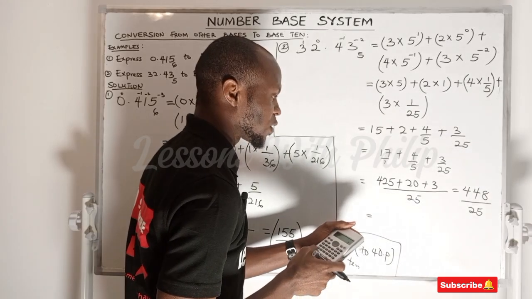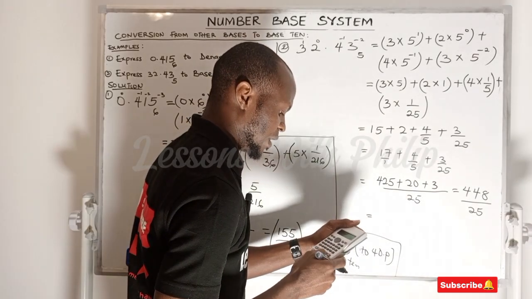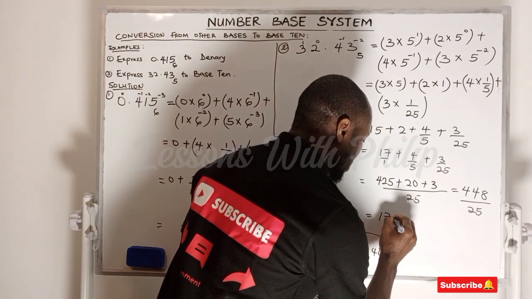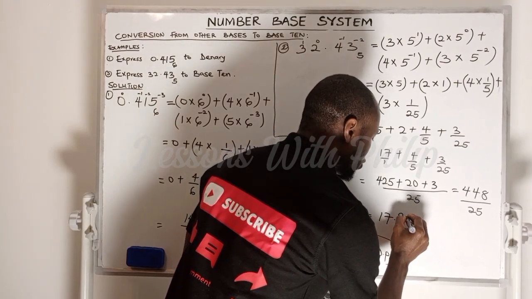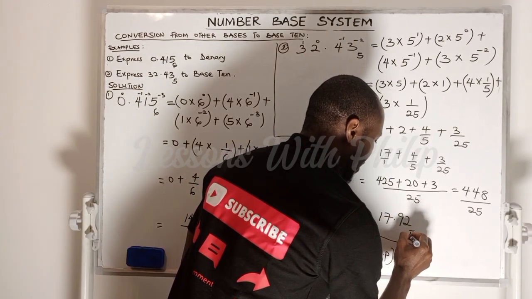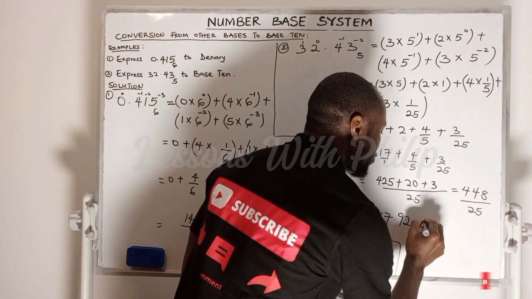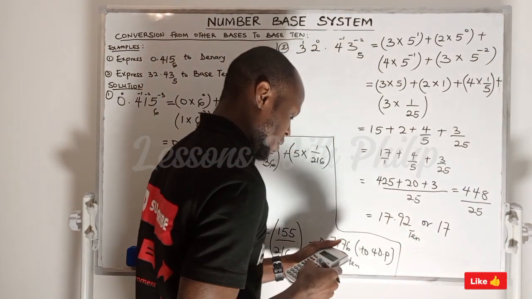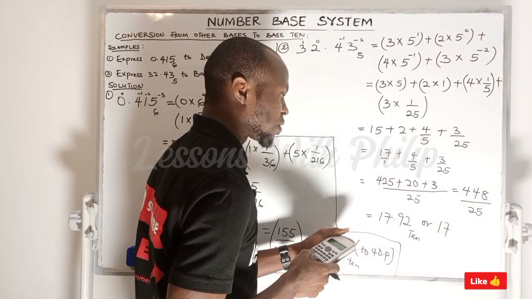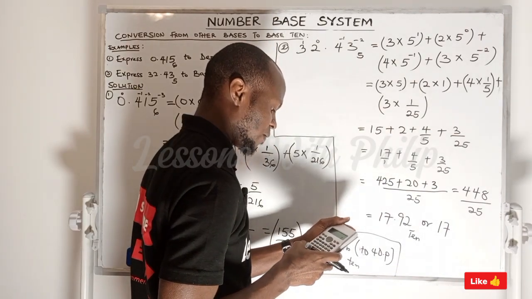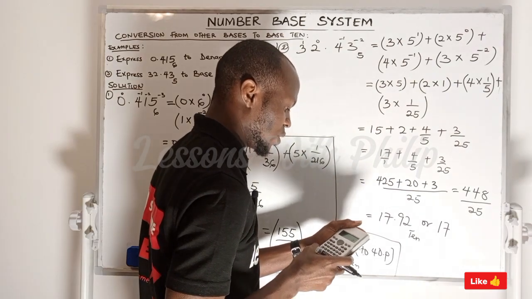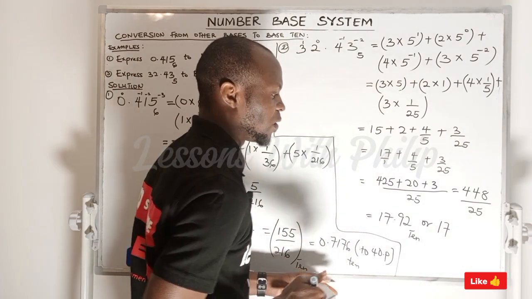So if you like, you can decide to say 448 divided by 25 will give me 17.92 base 10. Or you can say, 17 whole number. How many 25 can you see in 25? 25 times 17 will give us 425.